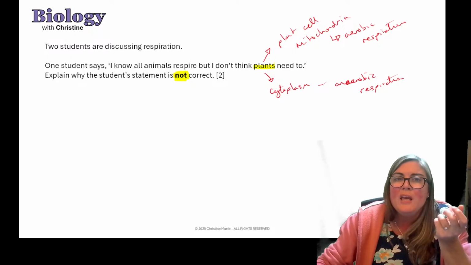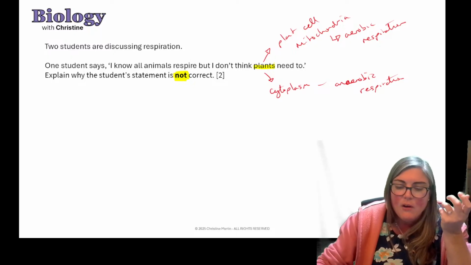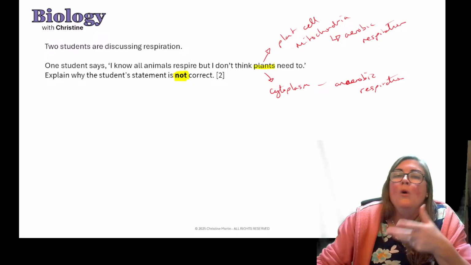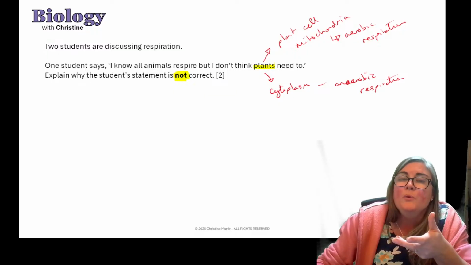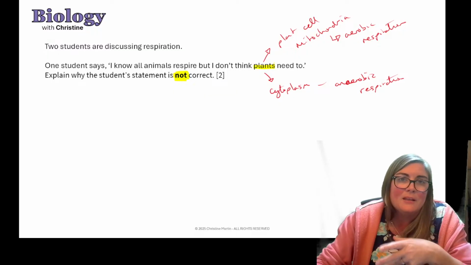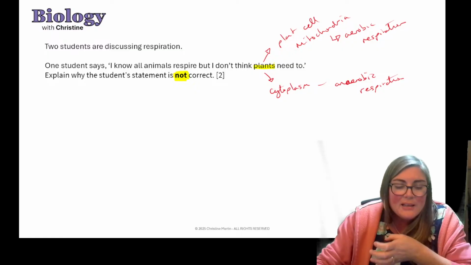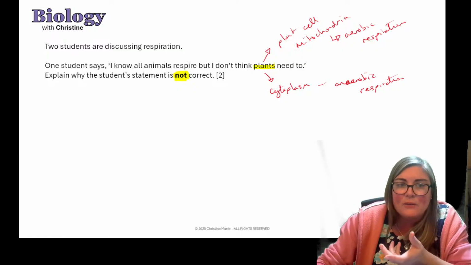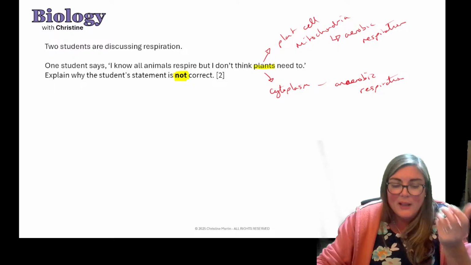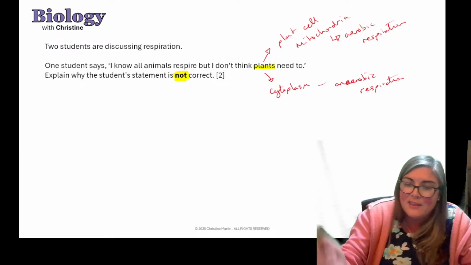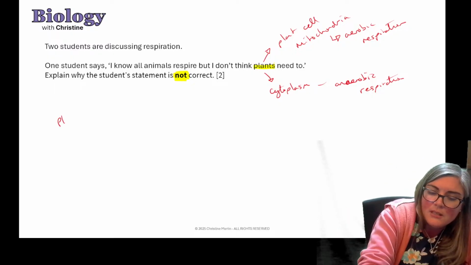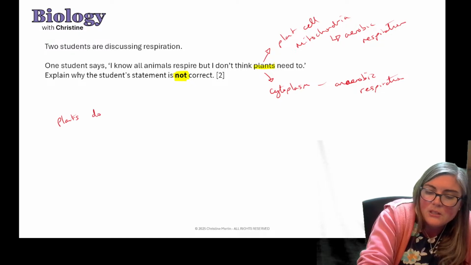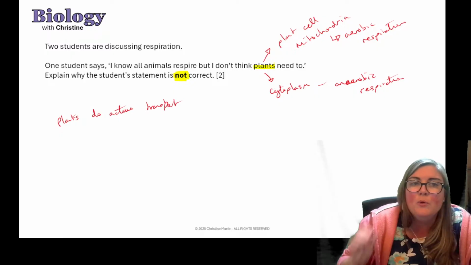Also, respiration is needed for all of the processes that are happening inside the cell. Energy demanding processes like active transport. So therefore, plants will actually need that energy because plants do active transport. And what do we know about active transport?